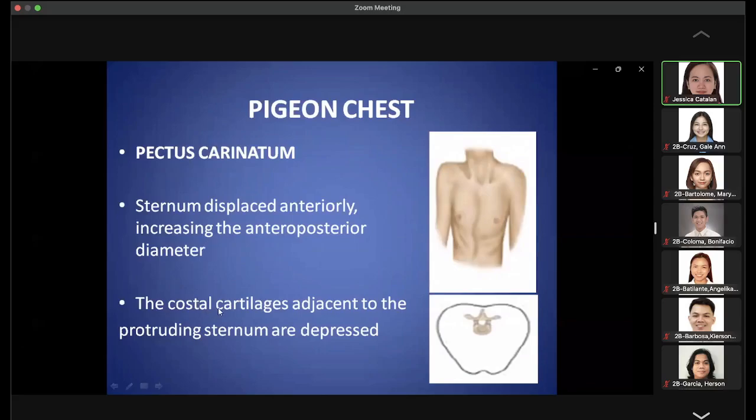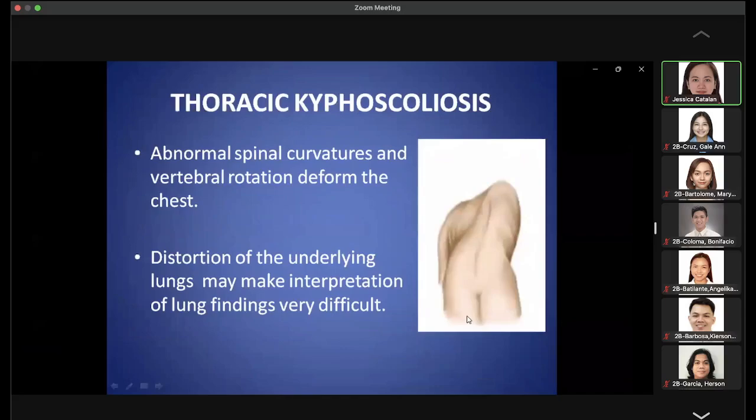So the costal cartilages adjacent to the protruding sternum are depressed. Thoracic kyphoscoliosis happens when there is an abnormal spinal curvature and vertebral rotation. So this deforms the chest, okay? And distortion of the underlying lungs may make interpretation of lung findings very difficult.